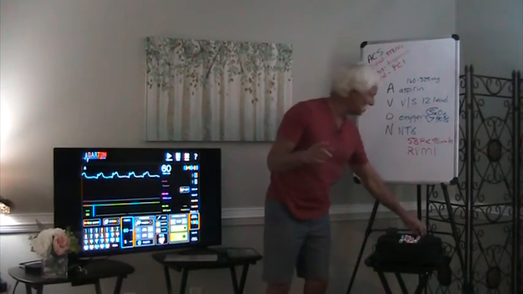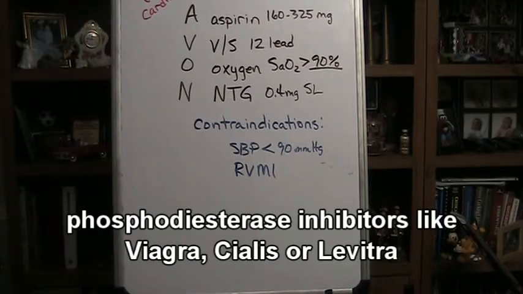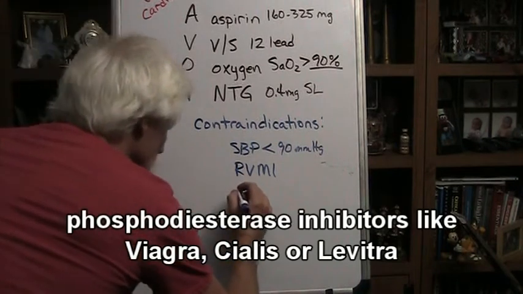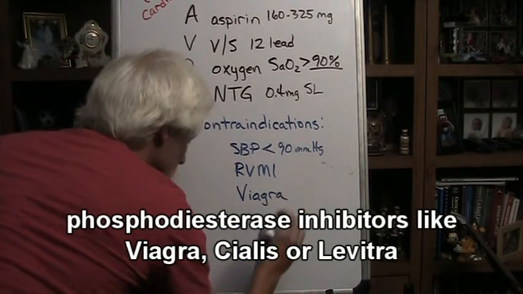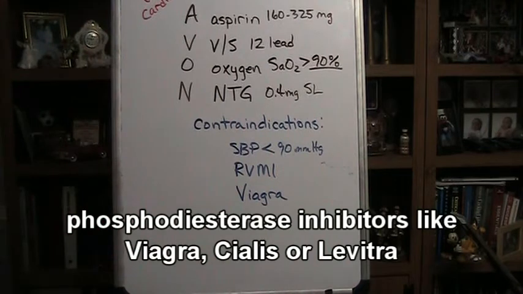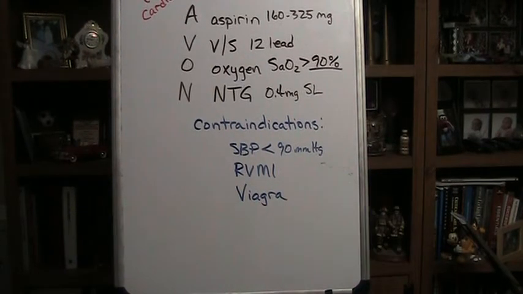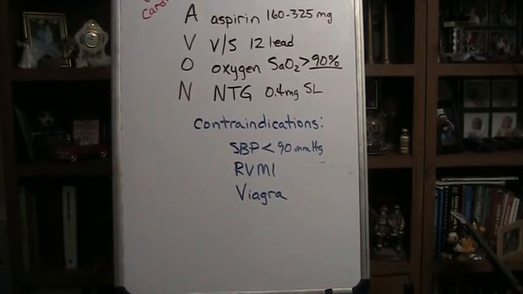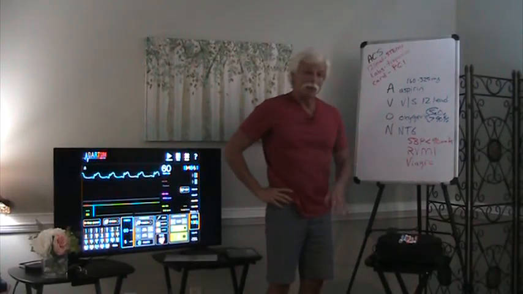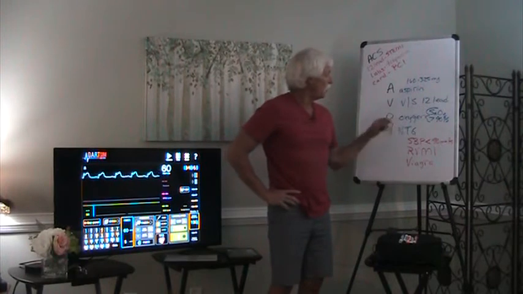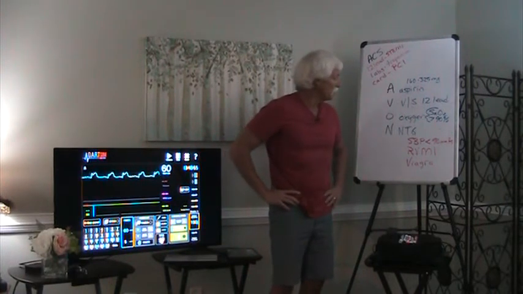In addition to RVMI, if a patient is concurrently taking phosphodiesterase inhibitors like Viagra, Cialis, or Levitra, then nitrates are contraindicated if the ingestion of those phosphodiesterase inhibitors occurred within the last 24 to 48 hours. These medications are also potent peripheral vasodilators, and they potentiate the nitroglycerin.